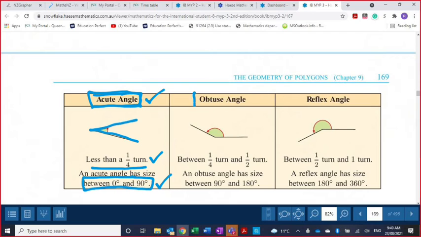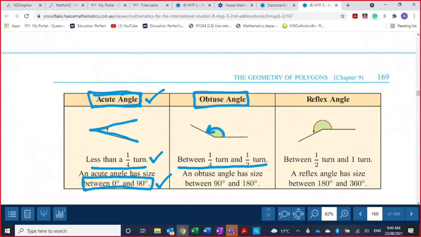The next one is something called an obtuse angle. Obtuse, think like obese, big, okay? And in that case, it's bigger than 90 degrees, but it can't be a straight angle because that one's used, right? We've already used straight angle, so it can't be a straight line, but it can be anything bigger than a right angle and smaller than a straight angle.